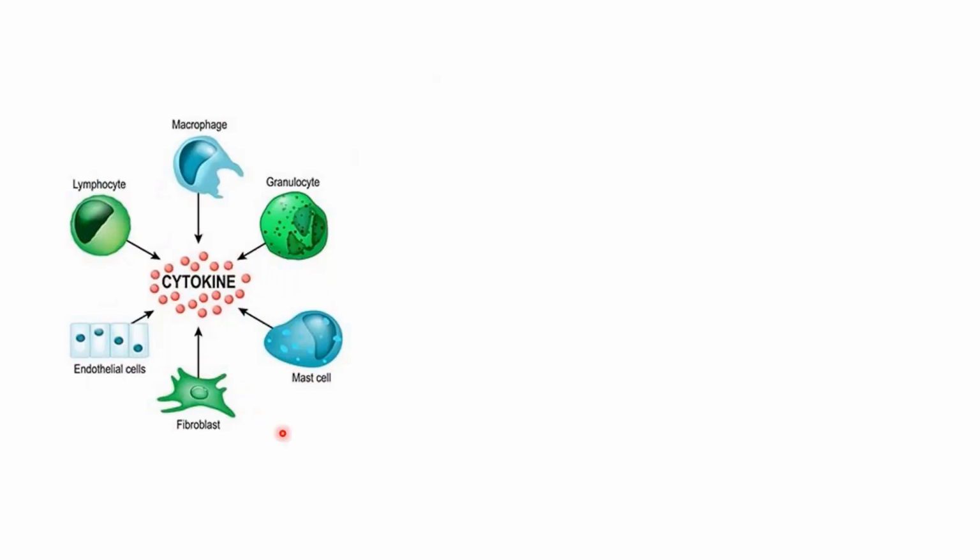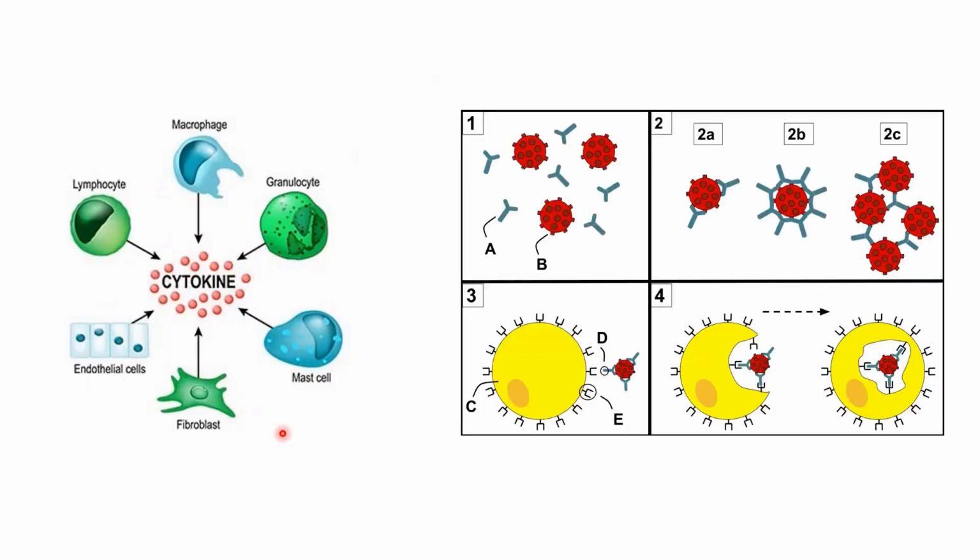Now there is another term in your book which is called opsonins, and opsonization is actually a process where you see this pathogen here. So how is our body going to detect this pathogen, so that we have to phagocytose it?